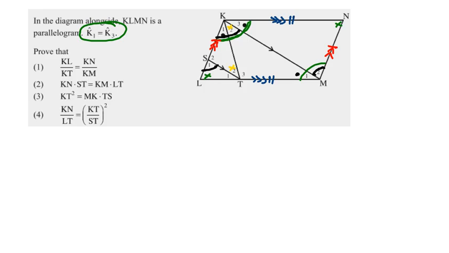There are co-interior angles, like N and M, because of the parallel sides of the parallelogram. L and M are also co-interior, and furthermore, K1 and K2 is co-interior with S2. I've not even included that, but just to show you, when you remember this, you get to know more, and that unlocks a whole lot of things for you. Okay, that's enough for now.